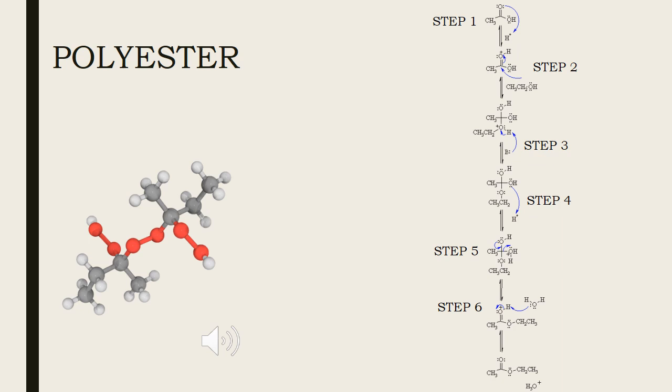Esters are obtained by refluxing the parent carboxylic acid with appropriate alcohol in the presence of an acid catalyst. The equilibrium can be driven to completion by using an excess of either alcohol or carboxylic acid, or by removing water as it forms.